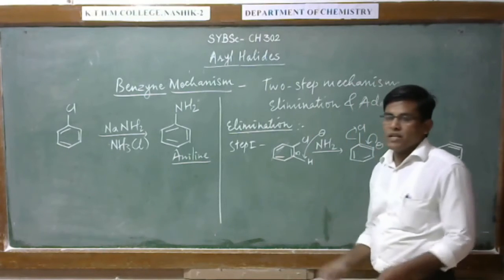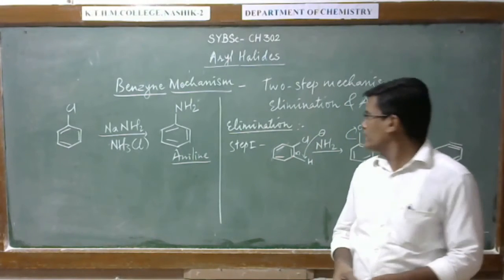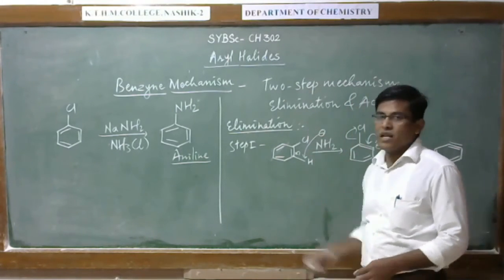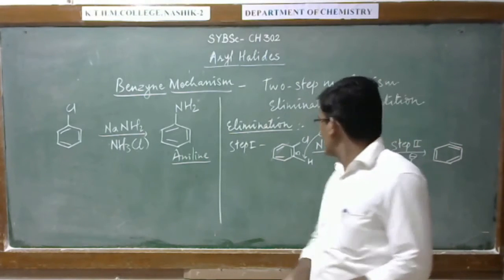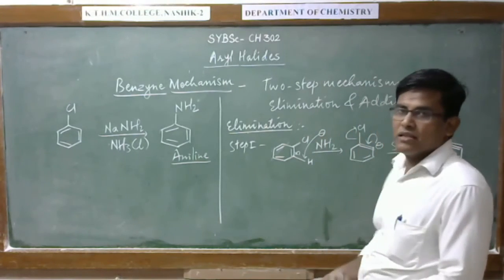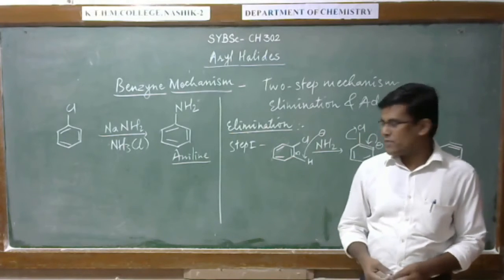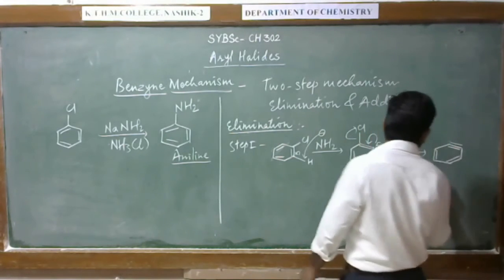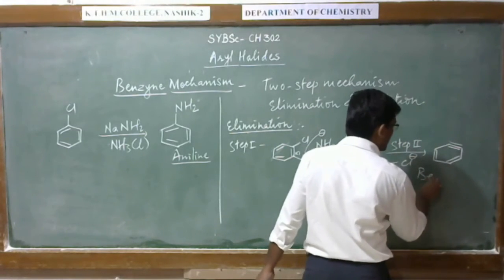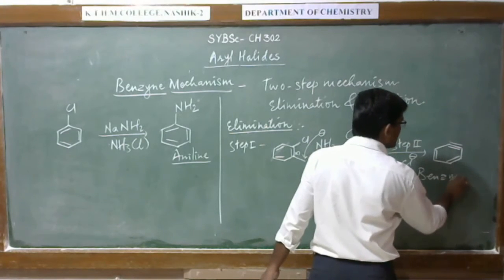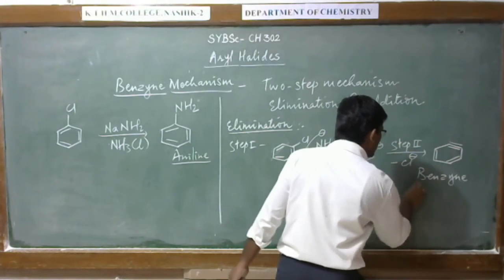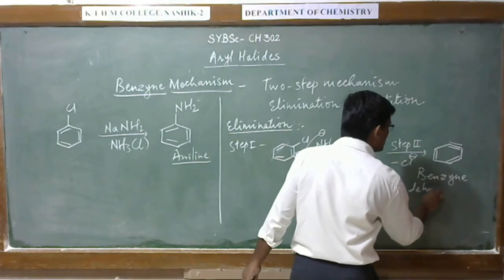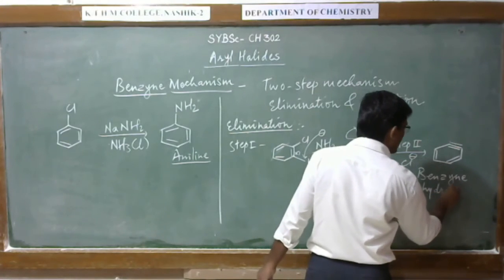So in the elimination stage, benzyne will form. So this elimination reaction is also two-step. So this is the benzyne or dehydrobenzene.